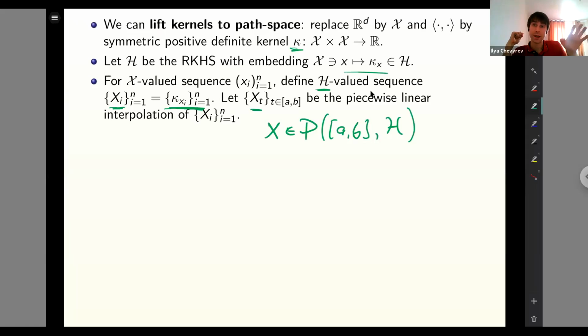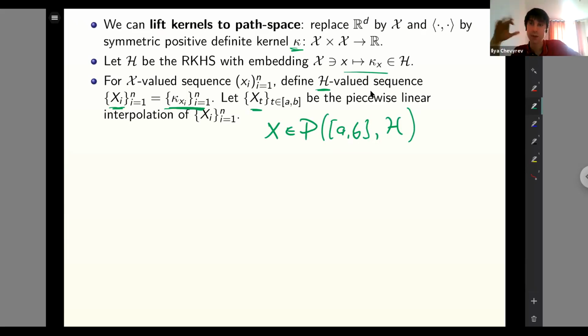I only ever spoke about signatures in the context of RD, but I hope at this stage you can take my word that signatures still make sense in infinite dimensions, provided that the target space is, say, a Hilbert space. It works actually for quite general Banach spaces, but if it's a Hilbert space, you can just use an orthonormal basis to compute everything.